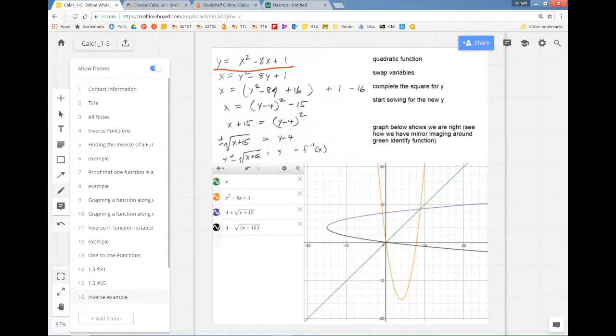Can you tell what I did here? I used completing the square. I took the 16 and I'm here. Let's just do it off to the side. Negative x, negative 8y.